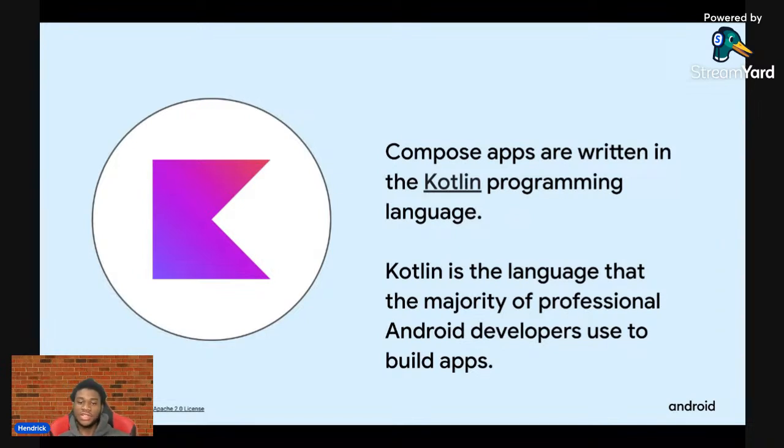So Kotlin is the language that the majority of professional Android developers use to build apps. For newer Android apps, you are advised to go with Kotlin. It is a Google recommendation. And since that is the recommendation from Google, newer Compose apps are built using Kotlin, which is very interoperable with Java if you have to work with Java libraries.